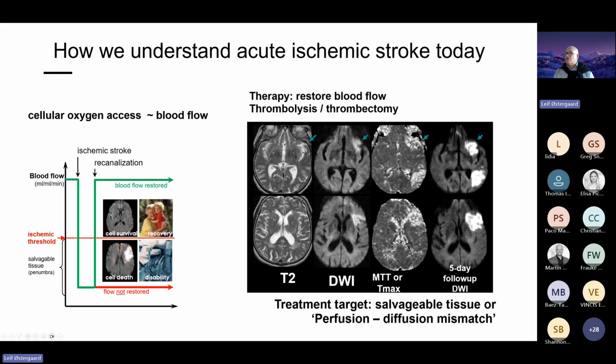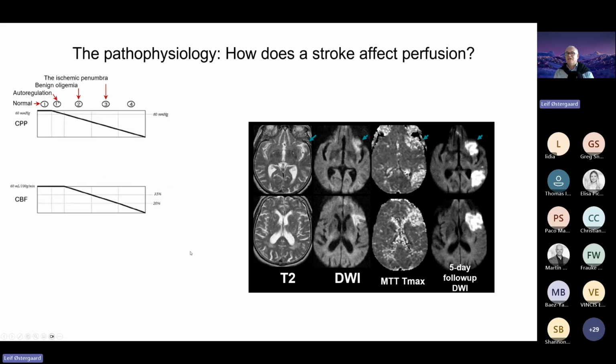Here you can see that there's low perfusion in an area where tissue still hasn't died. So that's this mismatch, and this is what we then consider a treatment target. And you can see here how that died in this patient because blood flow couldn't be restored. So that's what we often use today, perhaps not MTT, but Tmax, which is provided by many software packages as a way to identify this treatment target.